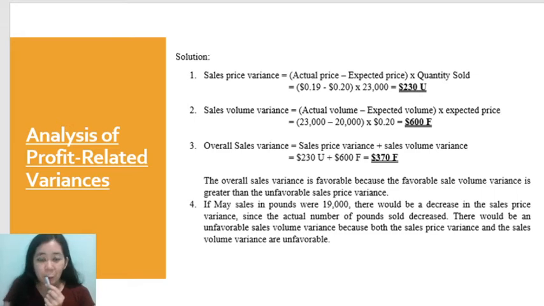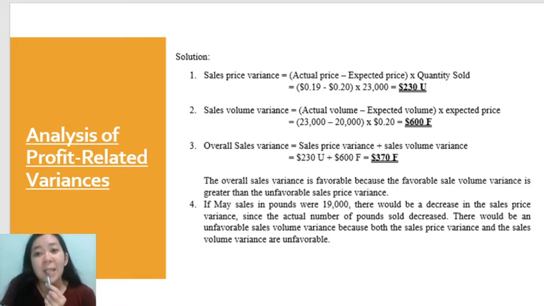For the solution, we compute the sales price variance using our formula presented earlier. It resulted in an unfavorable variance. Why is it unfavorable? Because in this case, the actual price is lower than expected. The company expected to sell this produce at $0.20. However, they actually sold it for only $0.19.